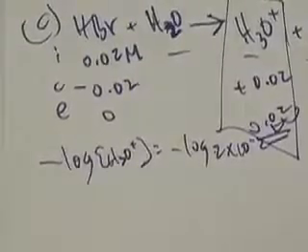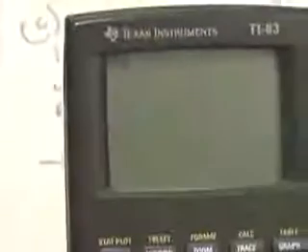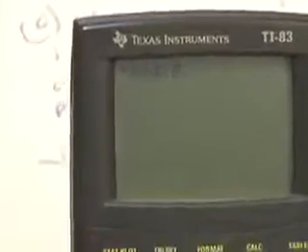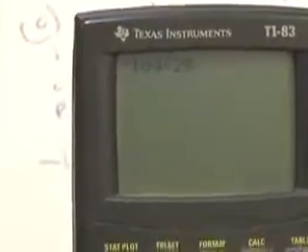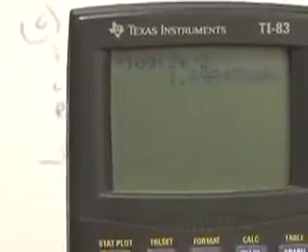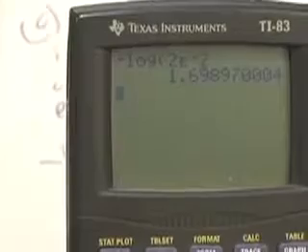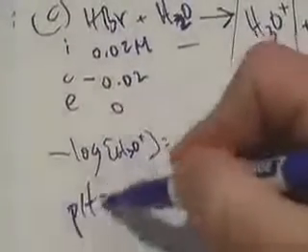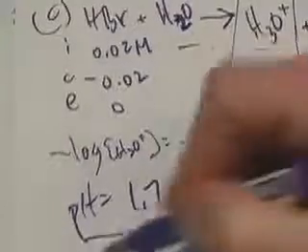If you want to do this really accurately on your calculator, you can type in negative log 2, enter exponent negative 2, and you end up with 1.7. So the pH of this solution is below 2, 1.7.